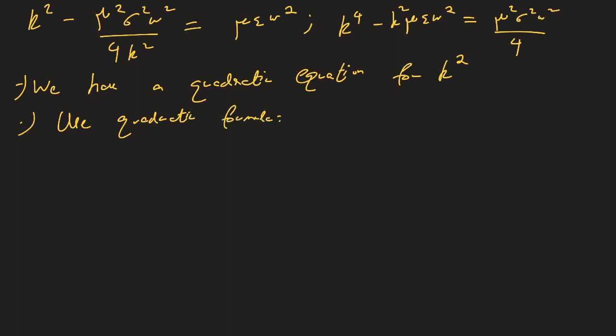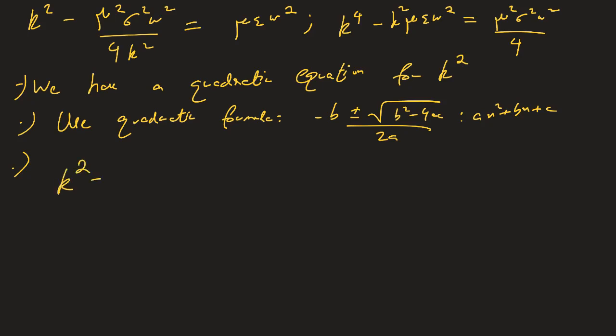So you can just simply use our quadratic formula, which is minus b plus or minus square root of b squared minus 4ac over 2a, to solve an equation of ax squared plus bx plus c. So if you use this, what we get is that k squared is equal to 1 over 2 of epsilon mu.